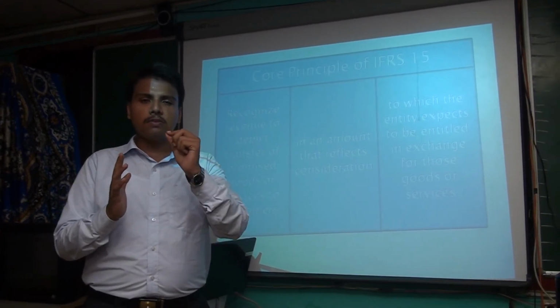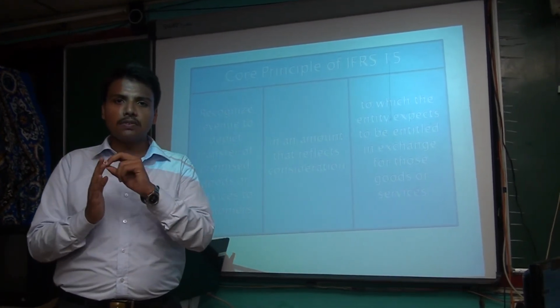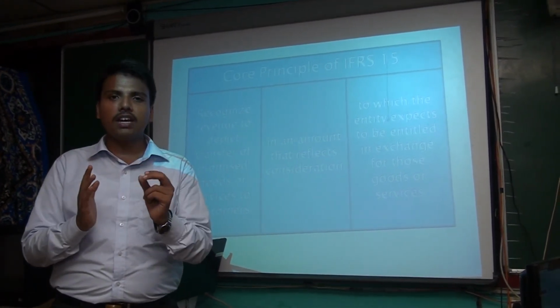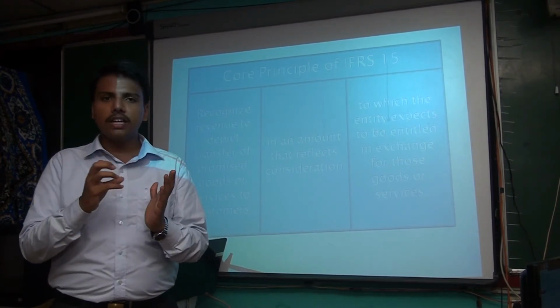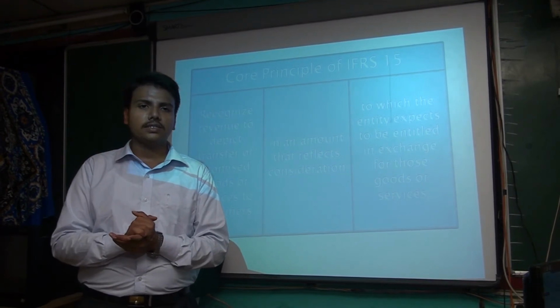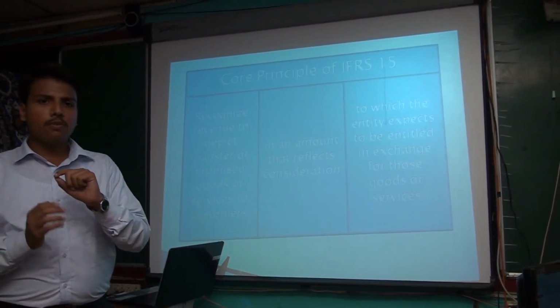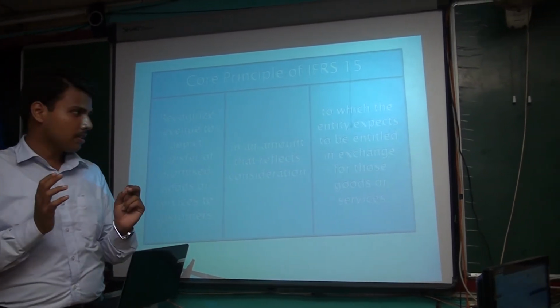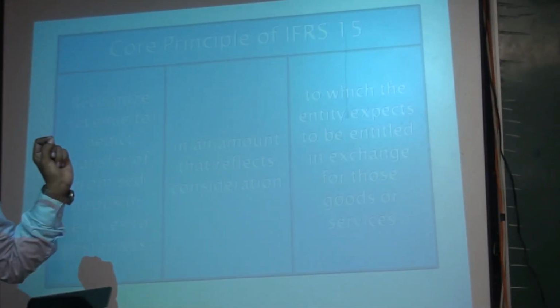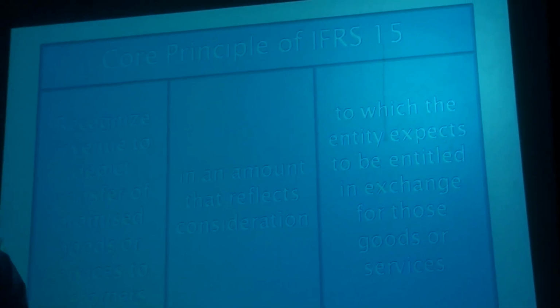So it has performance obligations 1, 2, 3, 4 in the contract. As it keeps satisfying each of the performance obligations, it gets revenue, it gets consideration. So IFRS 15 says, recognize revenue to depict transfer of promised goods or services to the customer in an amount that reflects consideration to which an entity expects to be entitled in exchange for those goods or services.